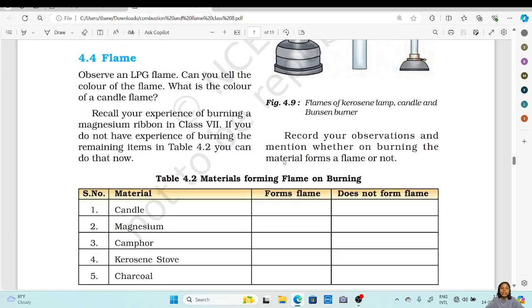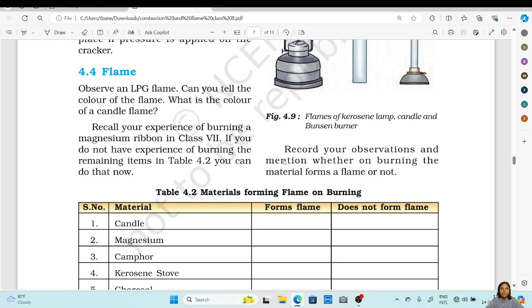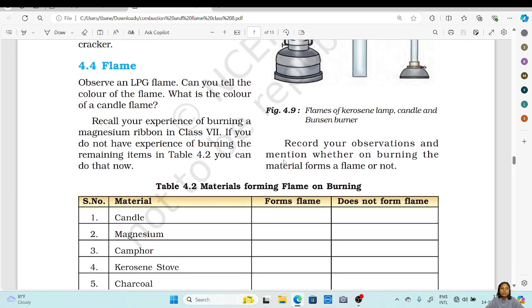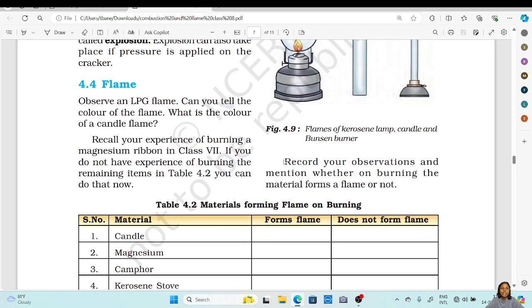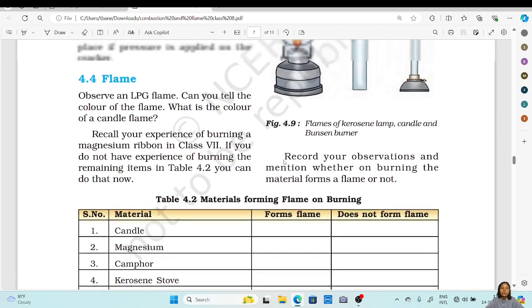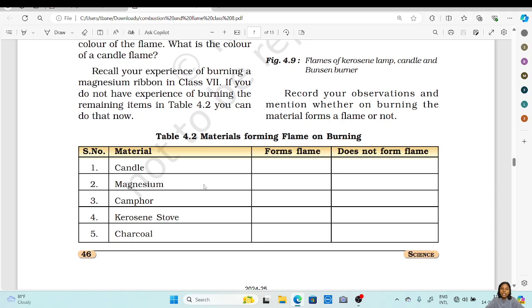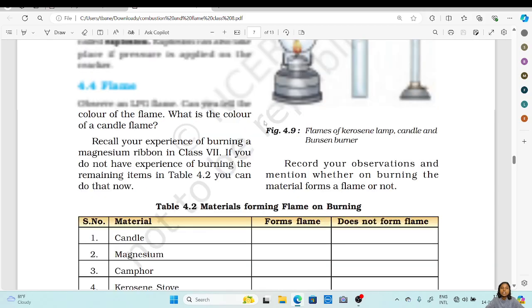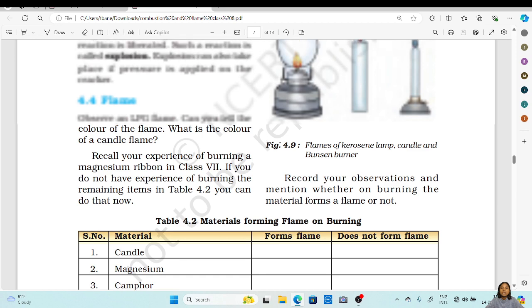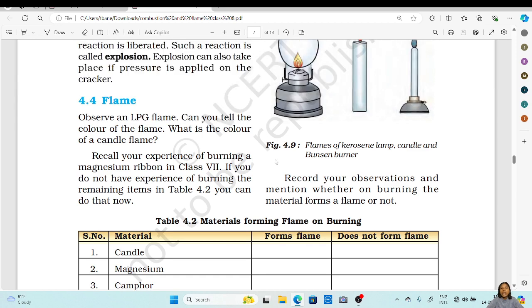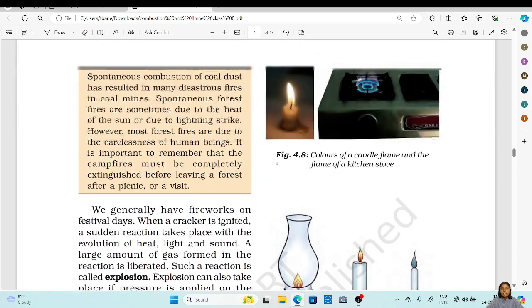Now recall your experience of burning a magnesium ribbon in class 7. If you do not have experience of burning the remaining items in table 4.2, you can do that now. When we burned magnesium, we saw a very bright flame, a very bright spark kind of thing that was created.